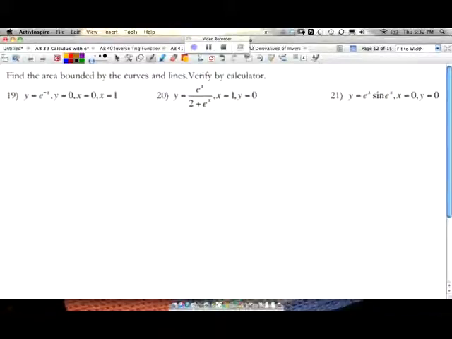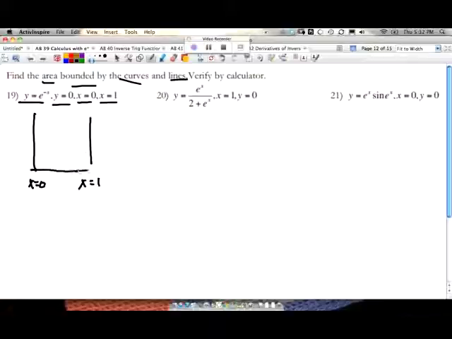Find the area bounded by the curves and lines. Oh my goodness. All right. So we got y equals e to the negative x, y equals 0, and x equals 0, x equals 1. So if I'm thinking about this, first I got some vertical lines at x equals 0 to x equals 1.